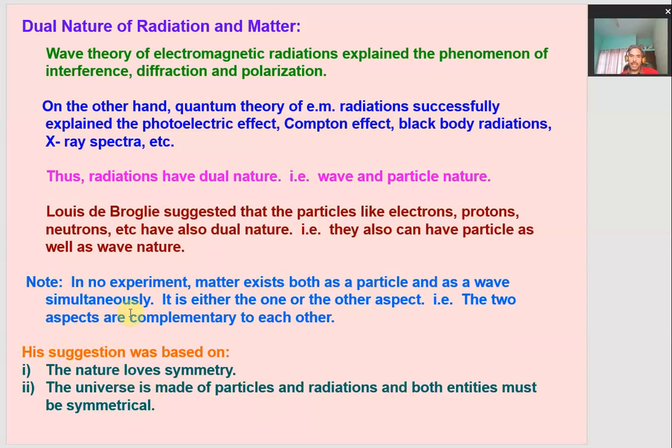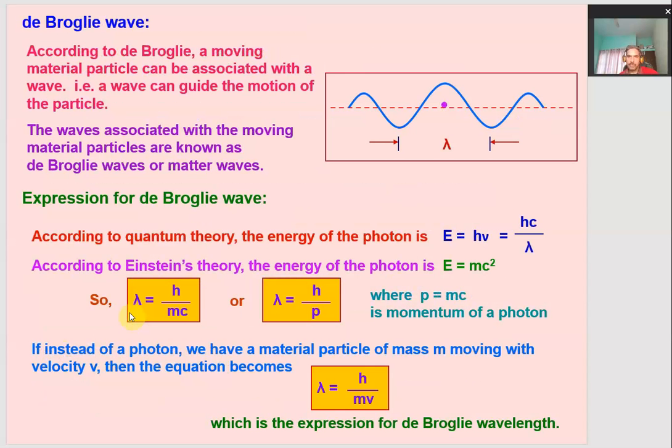So based on this hypothesis, he put forward that material particles should also behave like a wave, just as radiation behaves like a material particle. So de Broglie said that there can be a wave which can represent a moving particle, which can guide the motion of a moving particle.